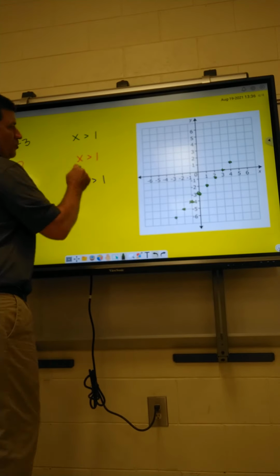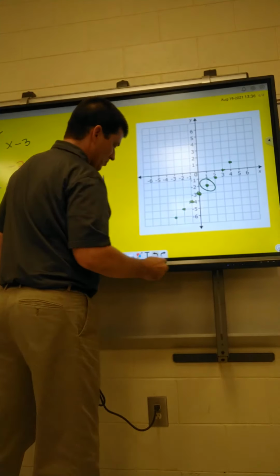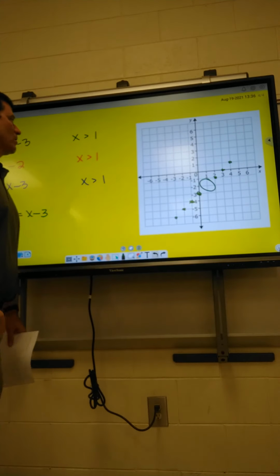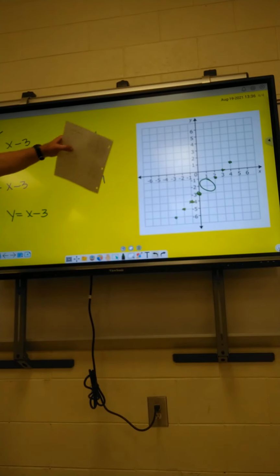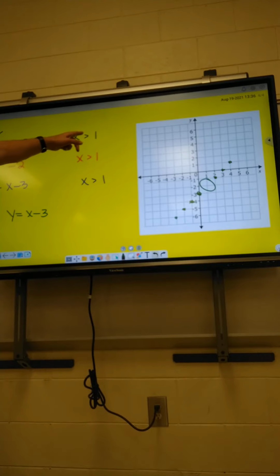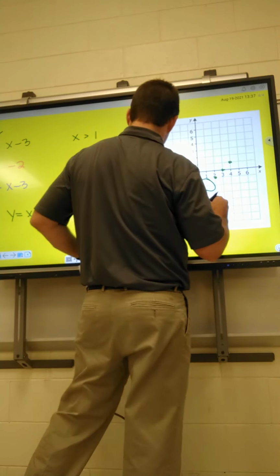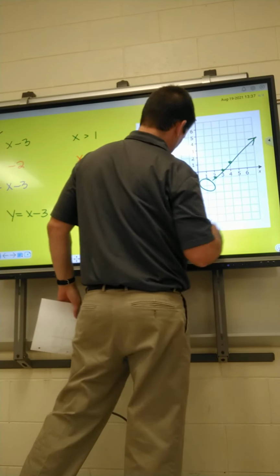Go to 1 with an open circle. 1 open circle right there. Make sure it's open. All right, do I keep the right side or the left side? It shows you right here greater than, and the arrow points right, so that's the side you keep. That's simple.